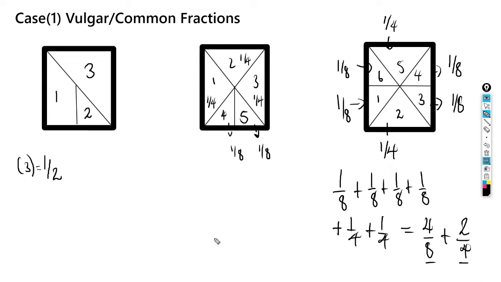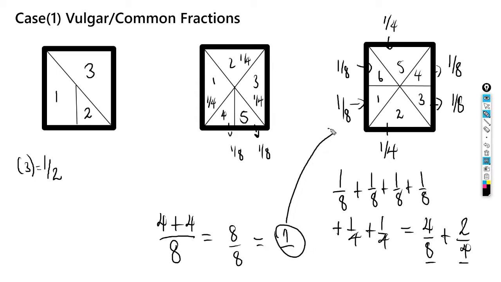The lowest common multiple is clearly 8, and we're going to get 4 plus, 2 times 2, which gives us 4. So we'll end up with 4/8 plus 4/8, which is 8/8. Which is what we're supposed to get, which is 1, and this 1 represents the entire rectangle.